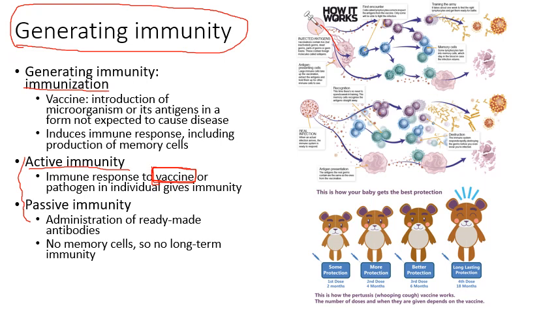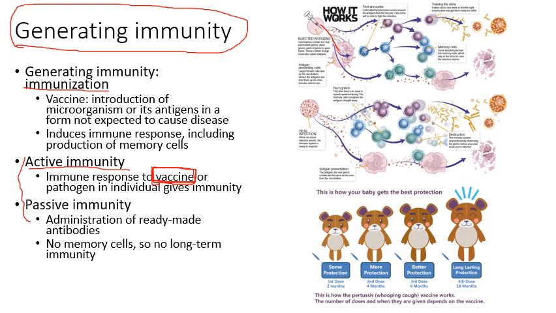If you induce an initial immune response, you're going to have those memory B and T cells, so you can have that ramped up secondary response. So that is what you're doing with the vaccine.